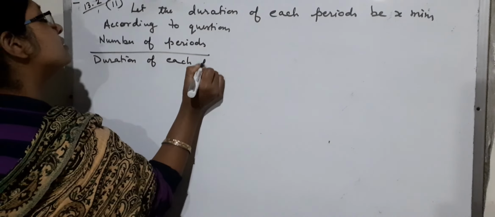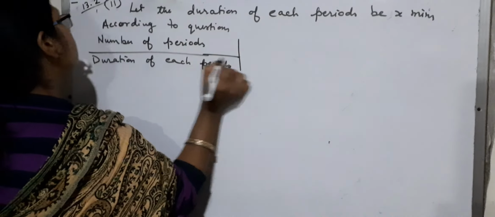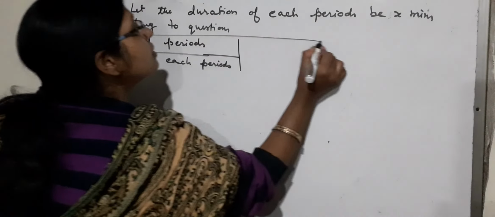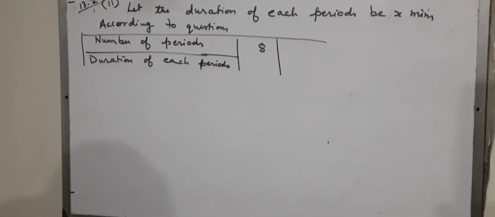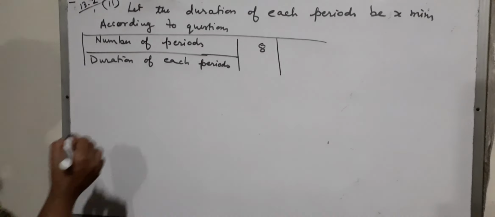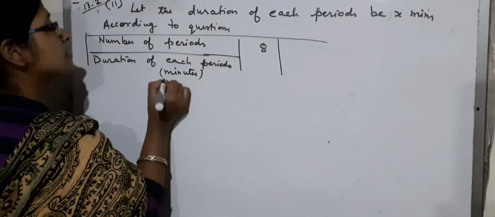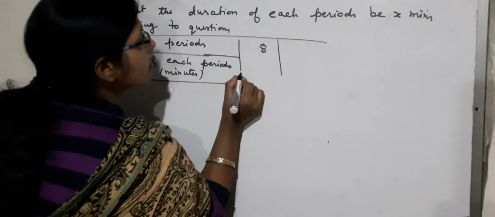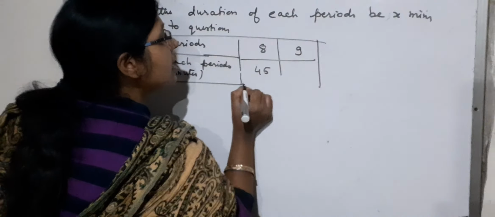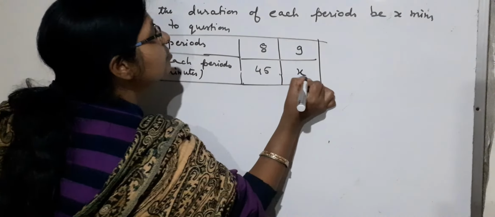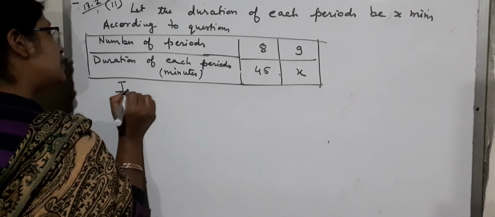When number of periods is 8, then duration of each period is 45 minutes. When number of periods is 9, then duration of each period is x. This is inverse variation.